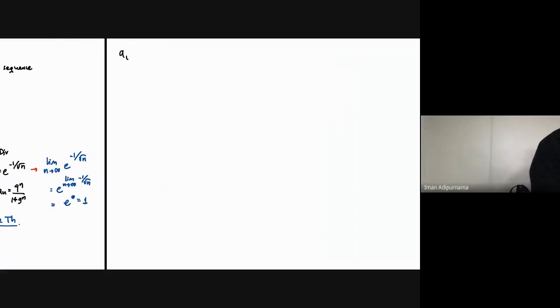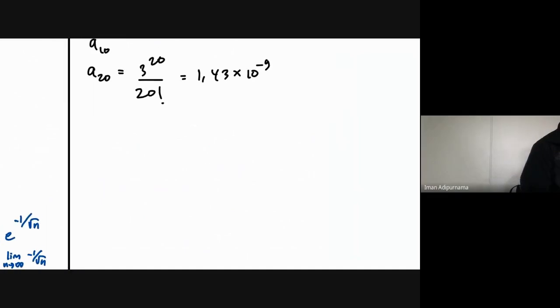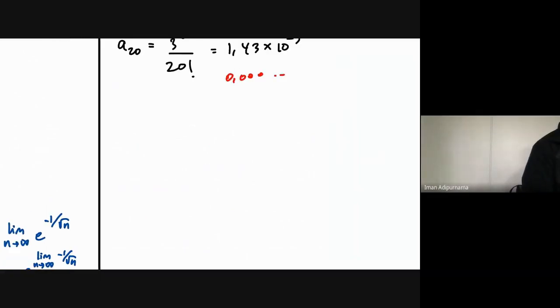If you check maybe A10, or maybe A20, let me write down for you. This will be around, or you can check by your calculator, 0.000 something, right? And intuitively we will say, okay, it will reach 0.